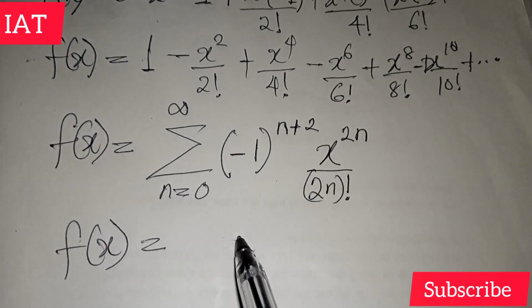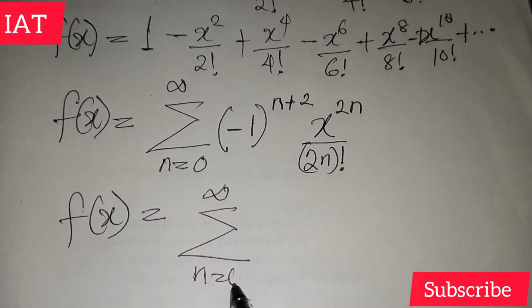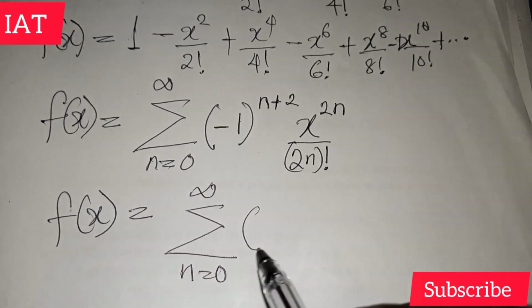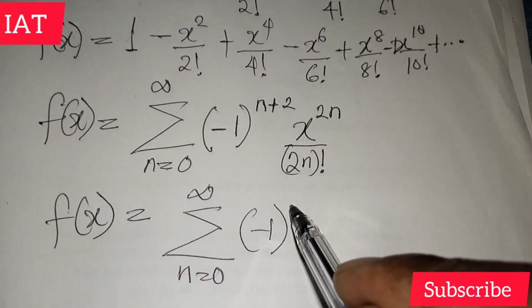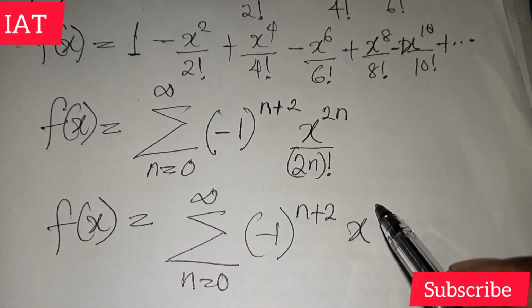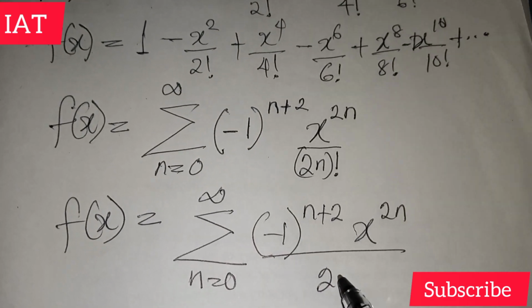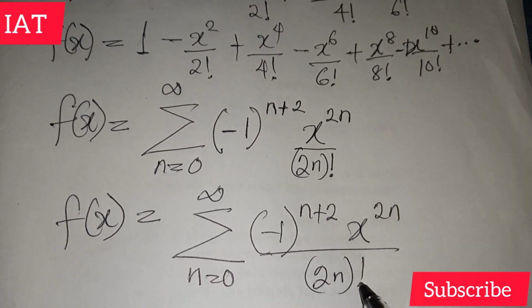So this is how you want to arrange your work, but to keep it in a more unique way, you want to use something like this: sum from n equal to 0, and then start off with minus 1 to the power of n plus 2, and x to the power of 2n all over 2n factorial.